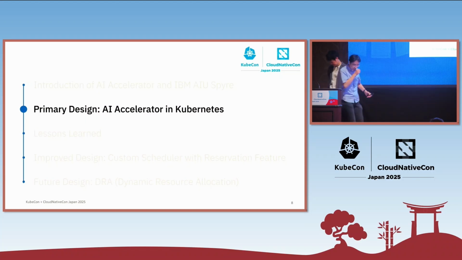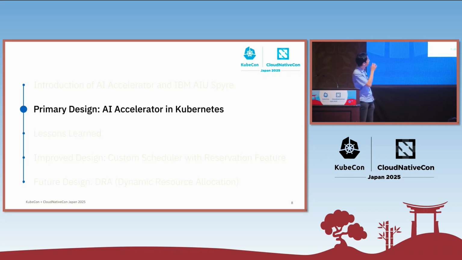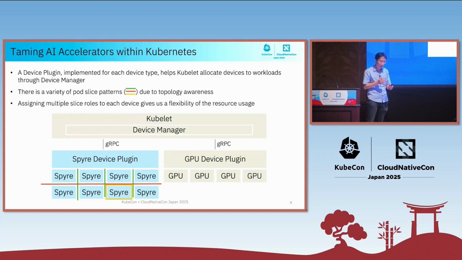Hi, this is Takuya. I'm working with Tatsuhiro at IBM Research Tokyo. From now on, let me talk about the first primary design of our enablement for the AI accelerator in Kubernetes. Let me first describe how Kubernetes manages the devices.